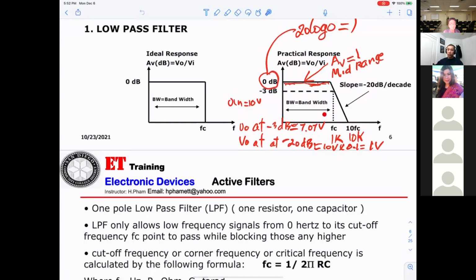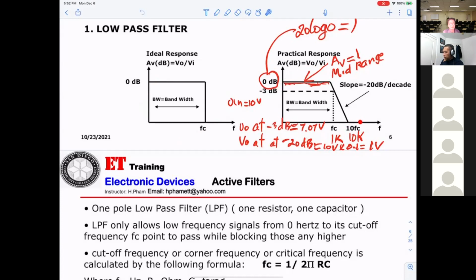It's a low pass filter. It's a practical low pass filter. Yeah, the ideal is the one on the left and the one on the right is practical.